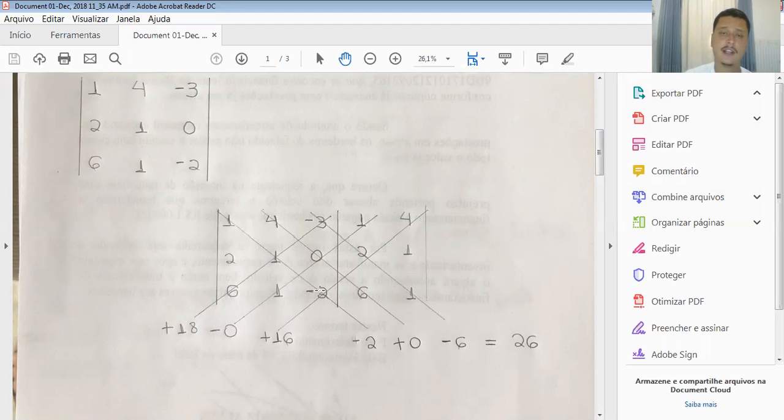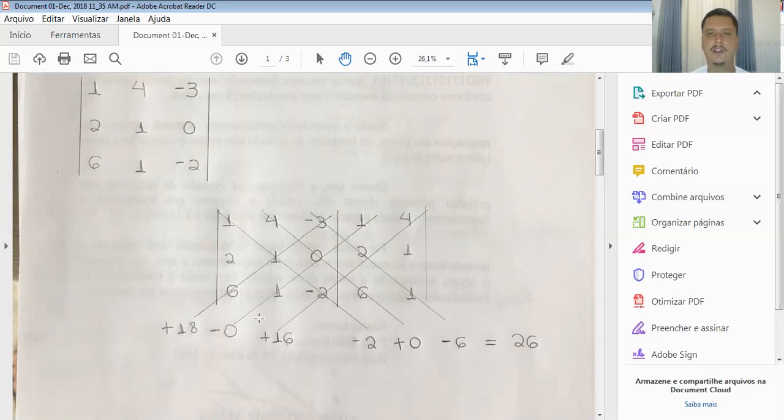If I put a plus sign in front of it, I am maintaining the sign, so it's going to be minus 2. 4 times 0 times 6, 0. If I put a plus sign in front of it, plus 0. Minus 3 times minus 2 times 1, minus 6. If I put a plus sign in front of it, I maintain the sign of the result, so it's going to be minus 6.